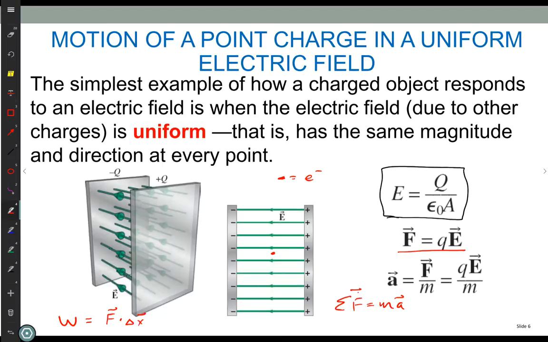And we know the force is QE. If I multiply that by delta x, that tells me how much work. So I can calculate how much work is done to move the charge from here to here. And if there's work done, what's going to happen to its kinetic energy? It's going to change, because the net work is equal to the change in kinetic energy. So then we can calculate what the final speed is going to be based on that work.